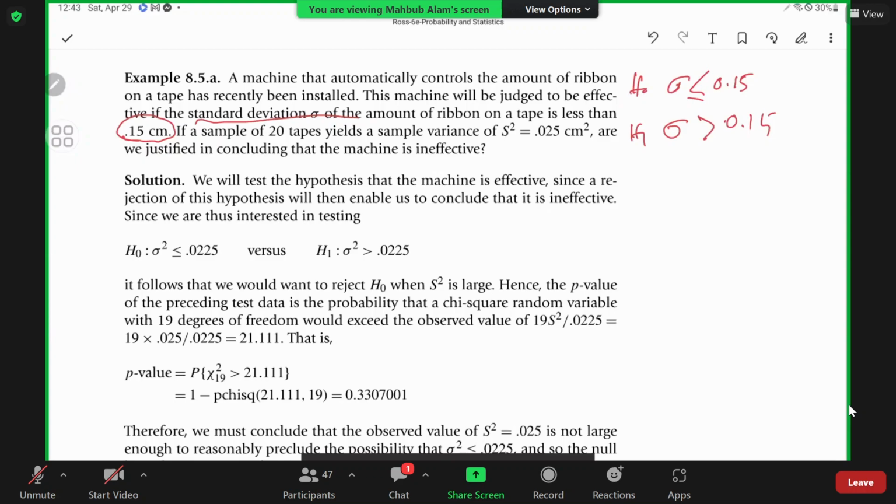To compare these two, what we do is divide these two. Dividing these two gives us a distribution known as the F distribution. First, let me write it.